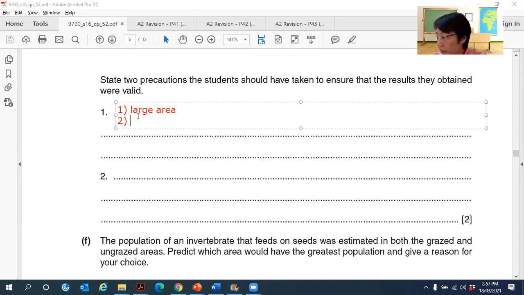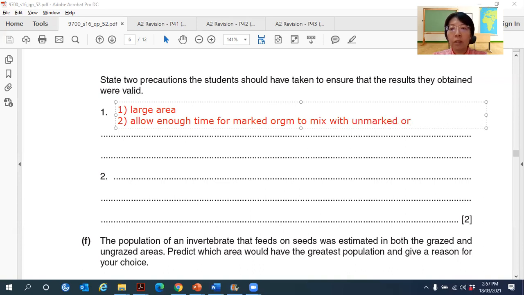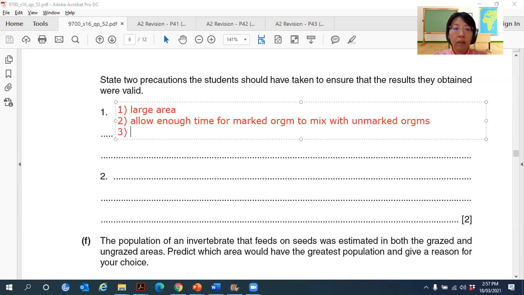Okay, then you need to allow enough time for marked organisms to mix with unmarked organisms. Okay, so the success of the procedure depends on the ability to mix. And then the next one is about the marking. When you do the marking, you must make sure that it is not toxic to the organism.